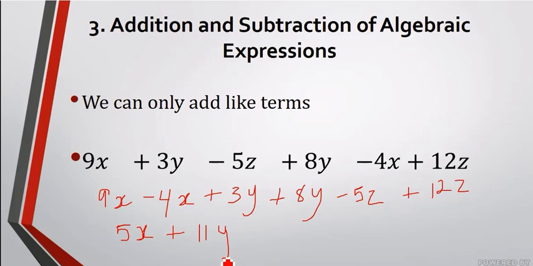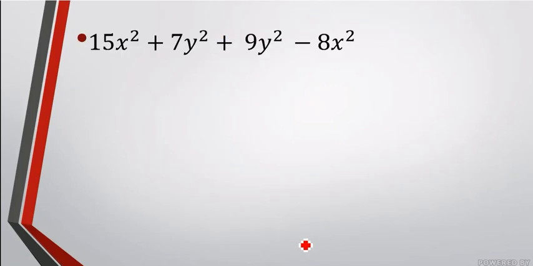Minus 5 plus 12 is going to give us a total of how much? 7. Positive 7. Take your time when it comes to your signs. 7c. Okay?